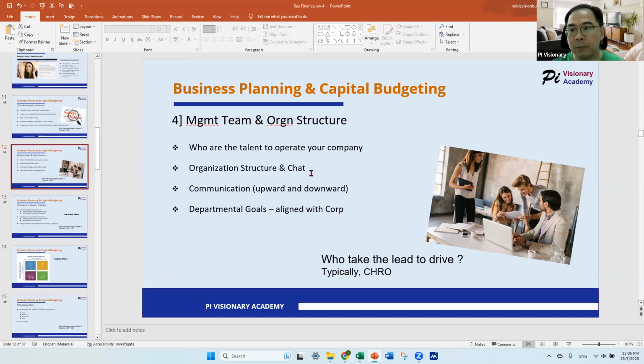Also, whether it can be applied and implemented in your company depends on the organization structure and organization culture.